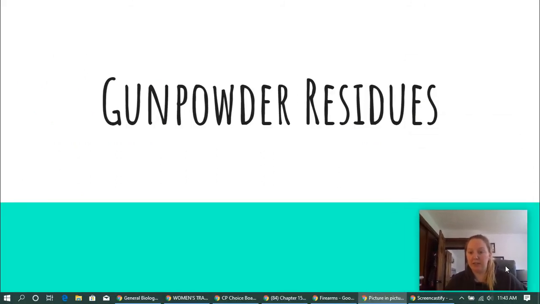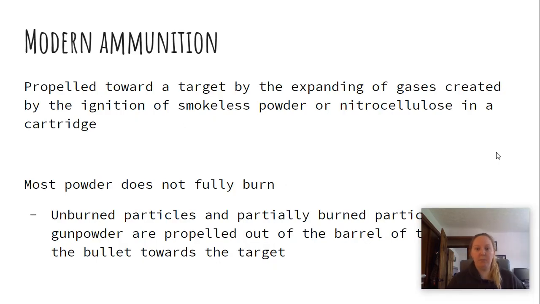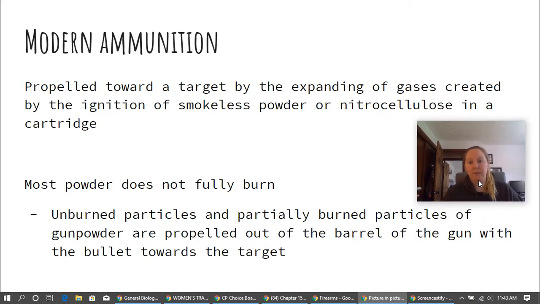All right, gunpowder residues. Modern ammunition is a little bit different than older ammunition because we have found ways to make primers and gunpowder residue burn hotter, create a bigger chemical reaction, or leave less powder behind. The bullet is propelled forward toward a target by the expanding of gases created by the ignition of smokeless powder or nitrocellulose in the cartridge.